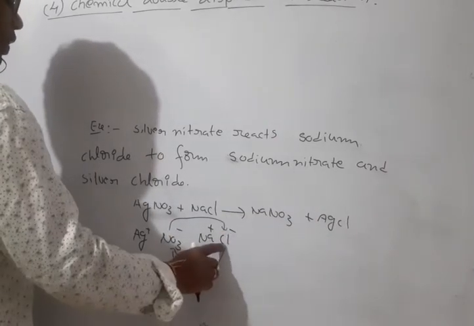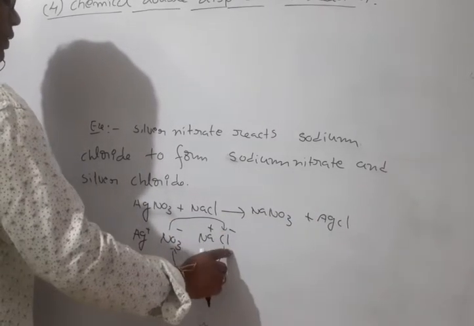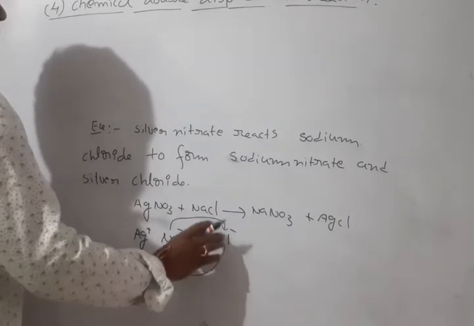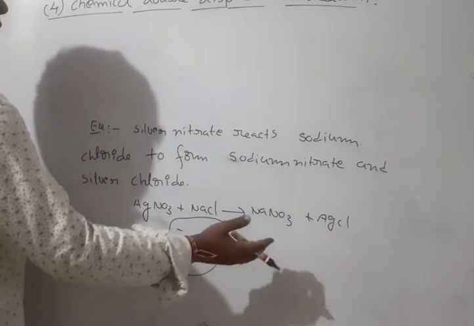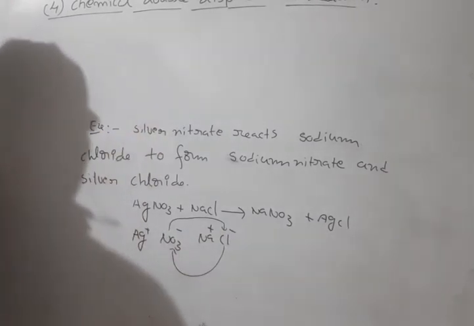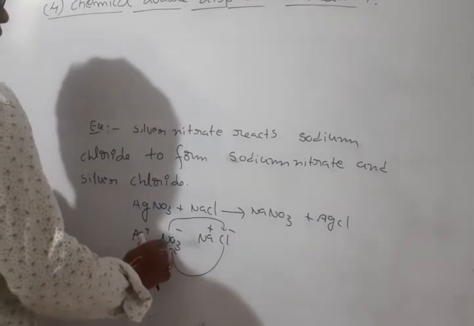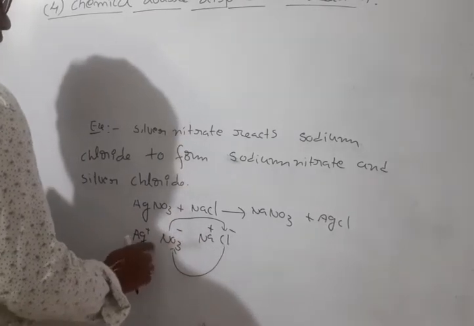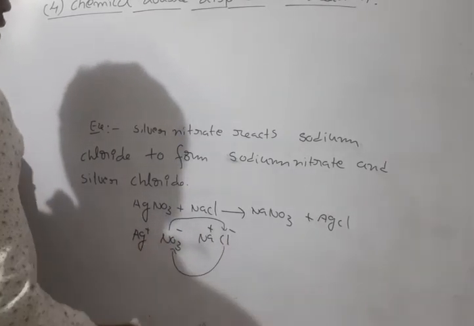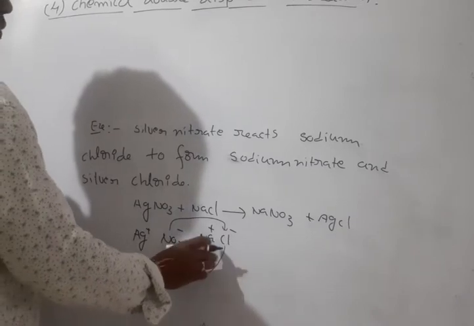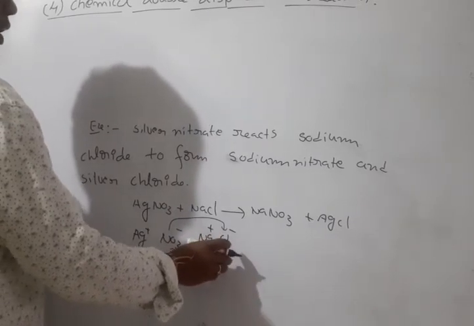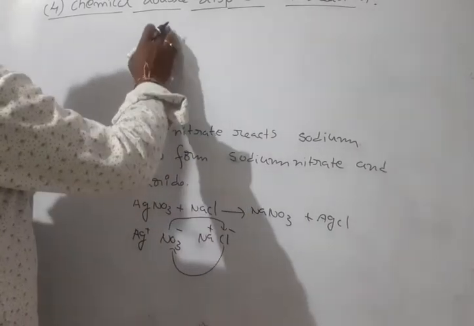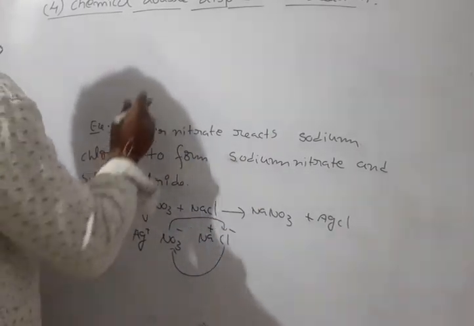In place of chloride, nitrate comes, so sodium nitrate is formed. In this way, mutual exchange of radicals takes place. Due to this mutual exchange of radicals or ions, the reaction occurs. That type of reaction is called chemical double displacement reaction.